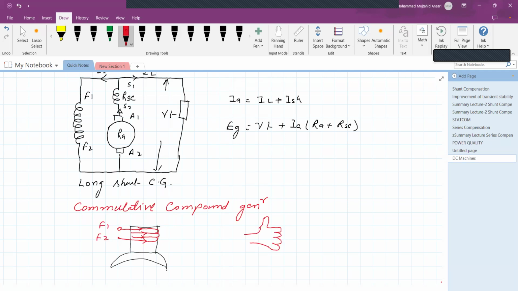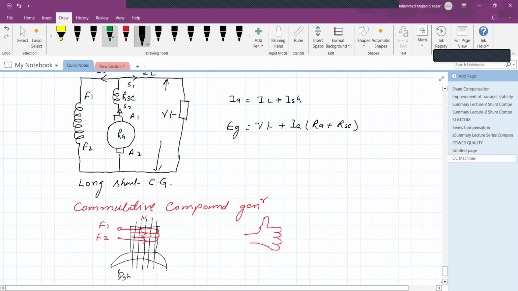So this will be the north side and this will be the south side. What is the direction of flux? The direction of flux is in this way. This is the flux because of the main field winding, the shunt field winding. So this is phi SH, isn't it?